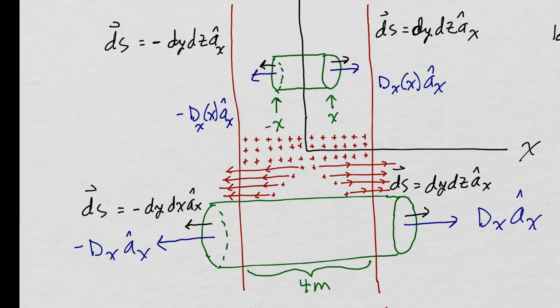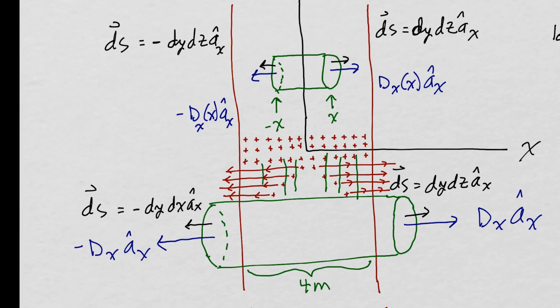So as we move to the right, you see that there's more and more electric flux lines, so the electric flux density field will increase as you move from 0 to +2 meters. And the same thing will happen as you move from x equals 0 to x equals -2 meters.